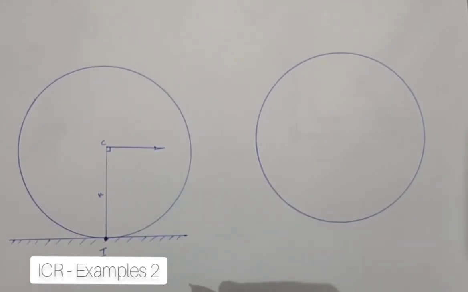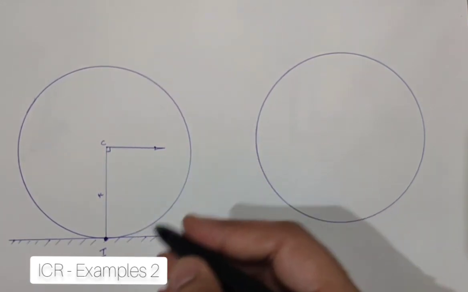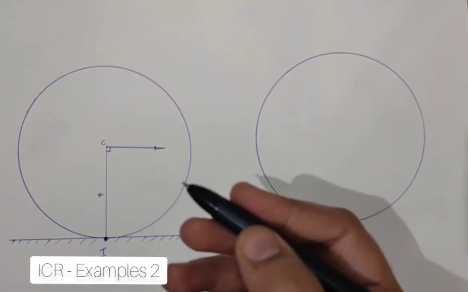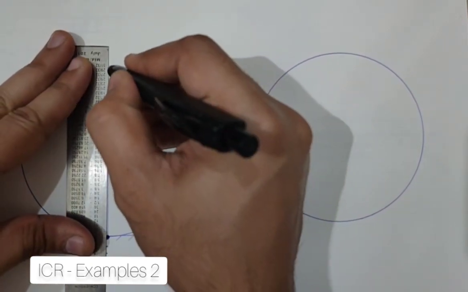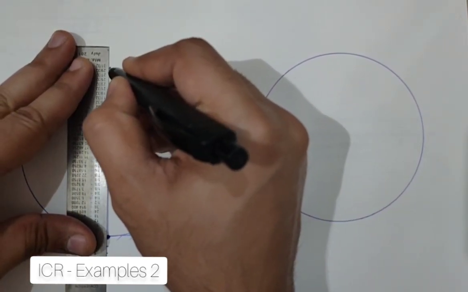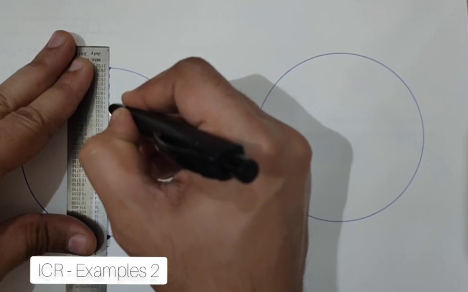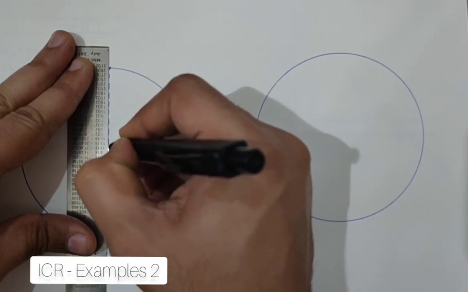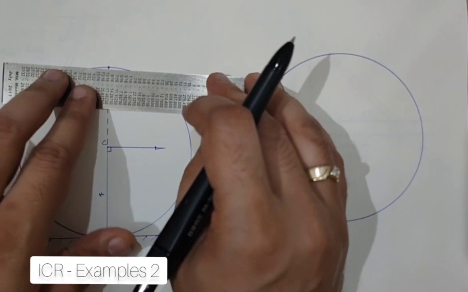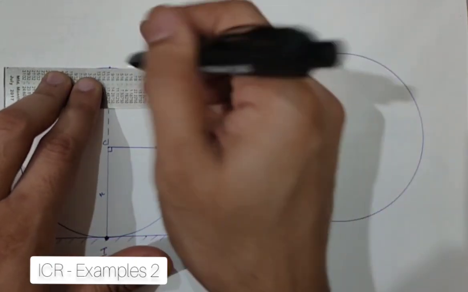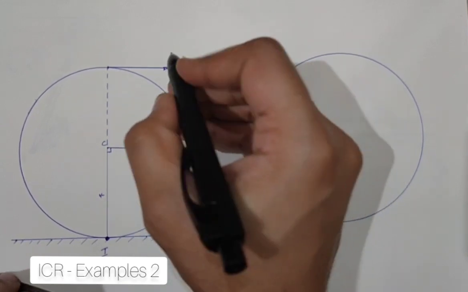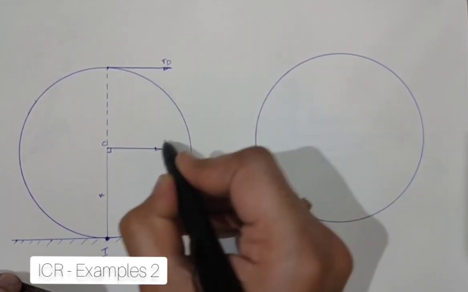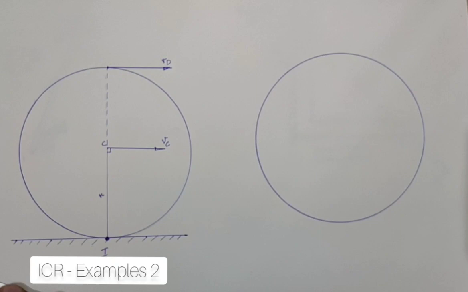Now if I want to find out the velocity of any other point on this roller, maybe the topmost point of the roller, D, again what I have to do is join that point with the ICR and draw a perpendicular from there. This perpendicular will be the velocity VD. This was VC.